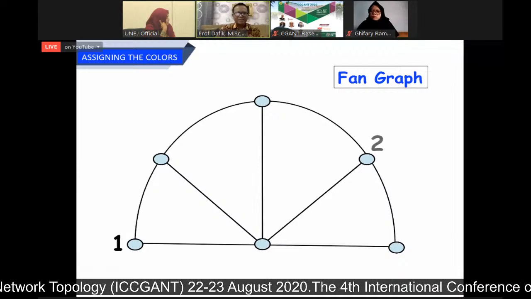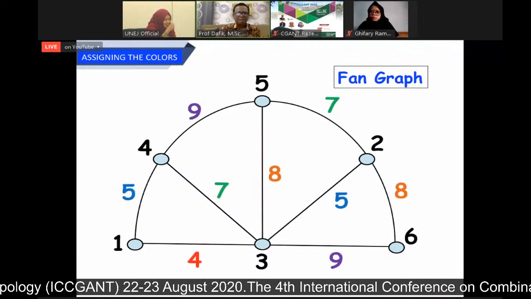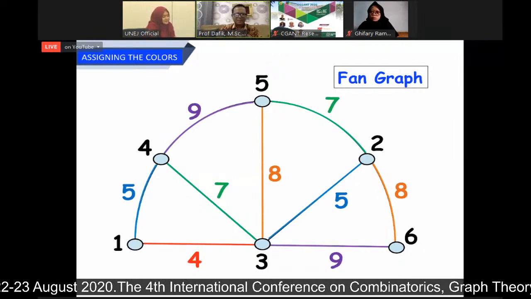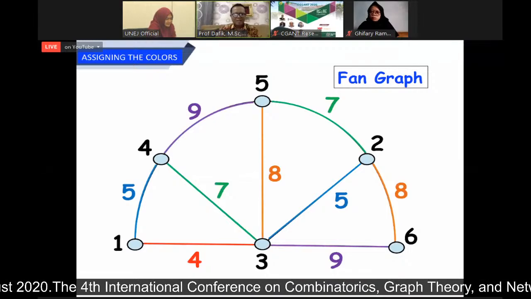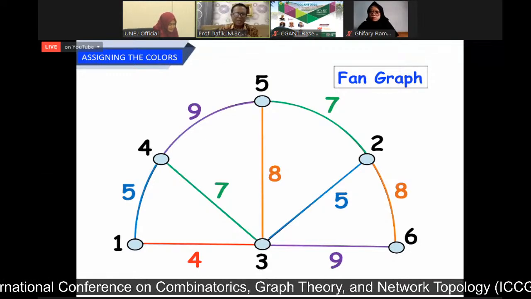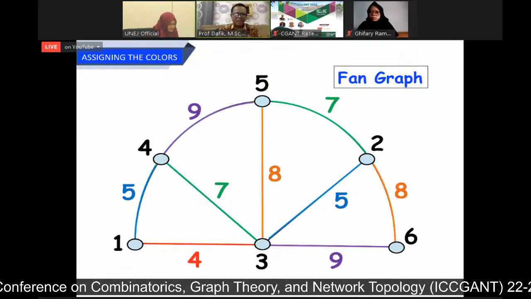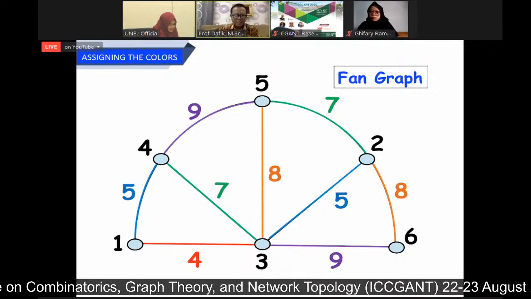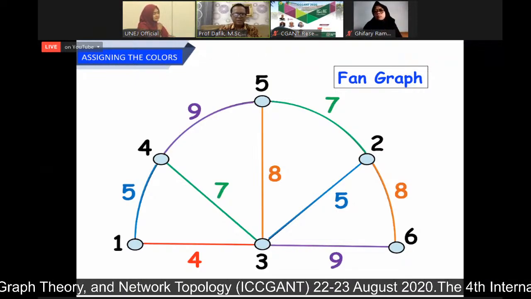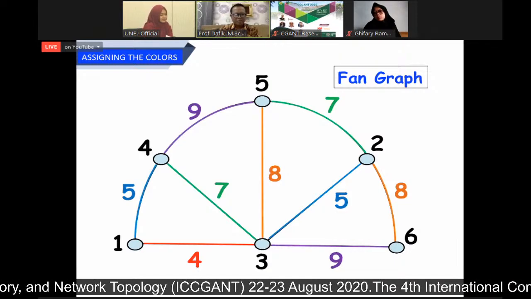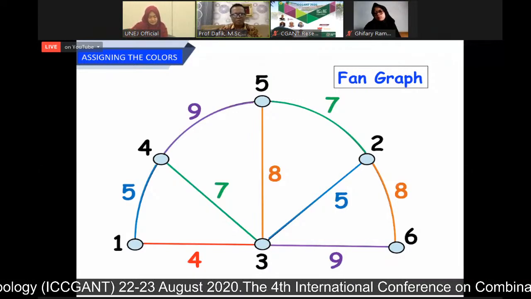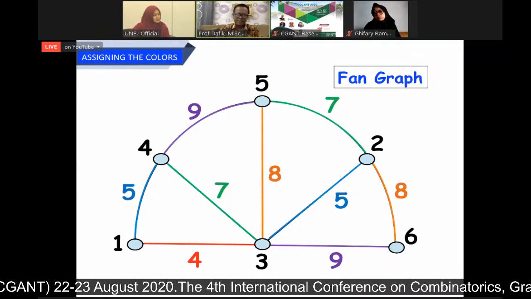For example, again here, it is also an anti-magic rainbow coloring, because we start by assigning labels on the vertices according to the anti-magic labeling definition. And then we have an edge weight, and we consider the edge weight as the assignment for the rainbow coloring. So it is not necessary to have all edge weights distinct.